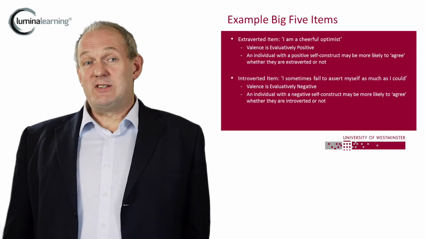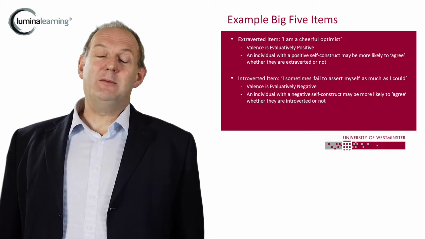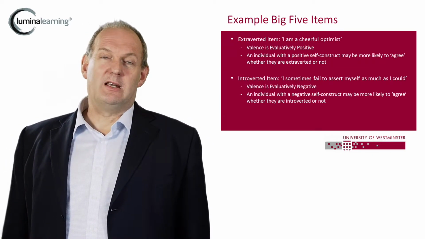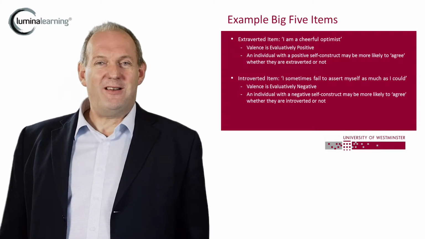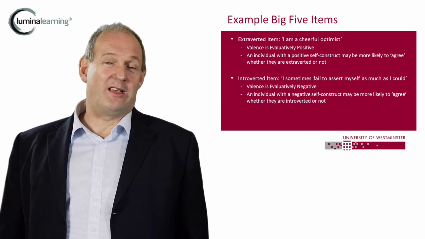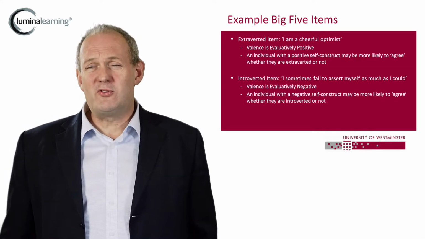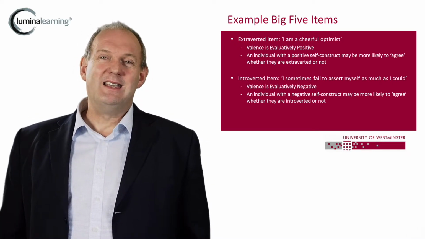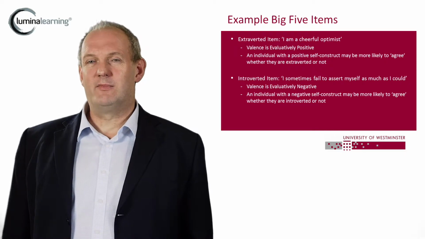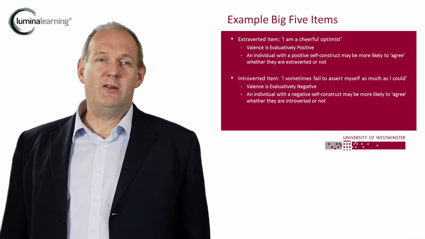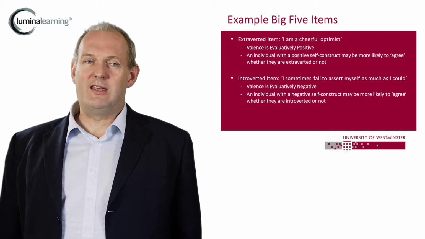What's the challenge here? Well, I might actually be much more extroverted, but if I don't have such a high positive self-worth, I might be slightly more inclined to take some of the introverted items, and we're not sure when we look at the results exactly what we're getting. How can we separate out these factors? Well, there is a solution to this. It has been researched.